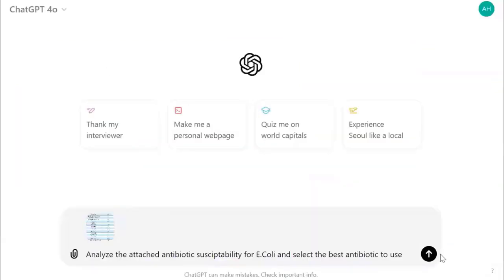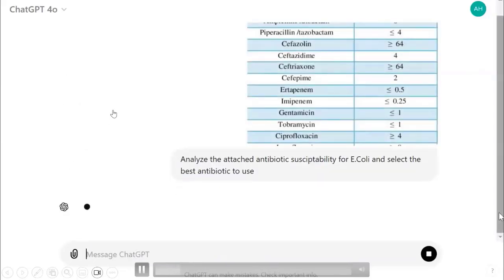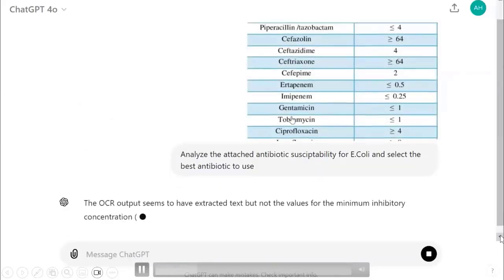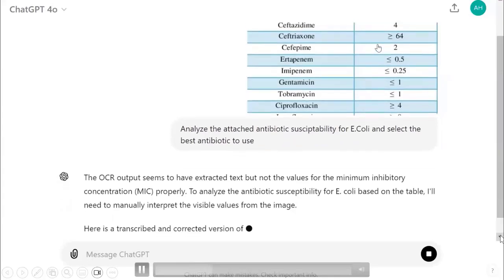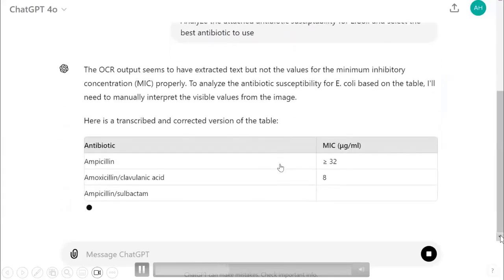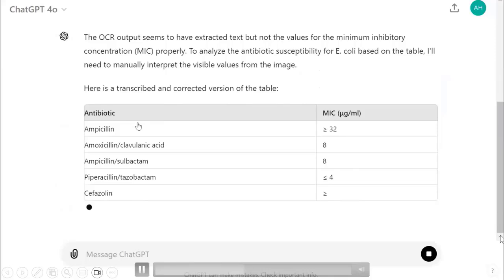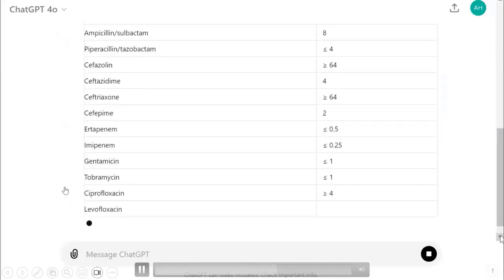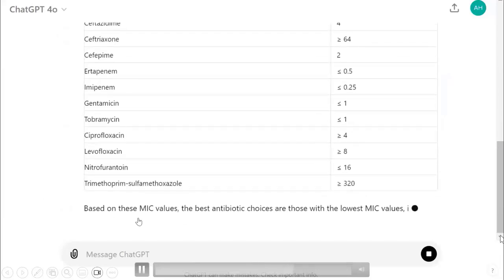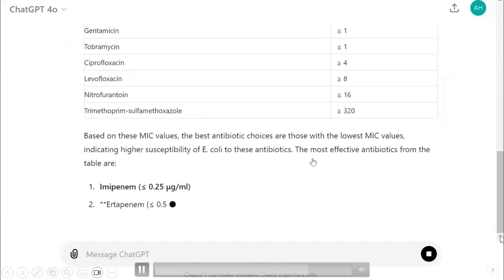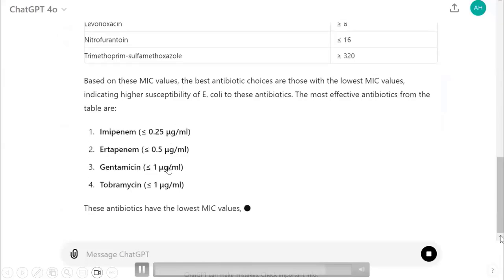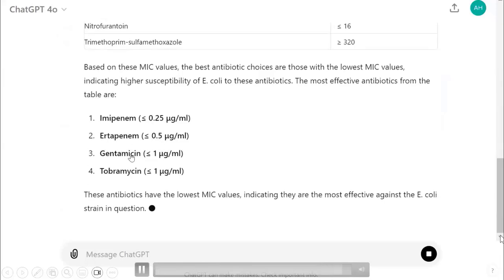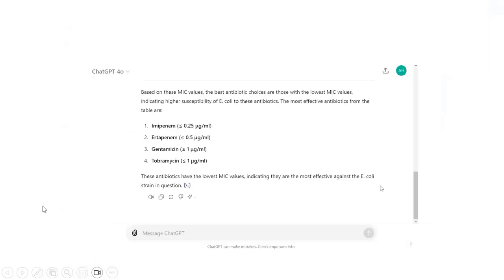If you look at the output of these results, ChatGPT started to break down and read this image as numbers. It repeats the MIC numbers that are in the table. Then ChatGPT, based on the MIC, says the best antibiotics of choice are imipenem, ertapenem, gentamycin, and tobramycin.